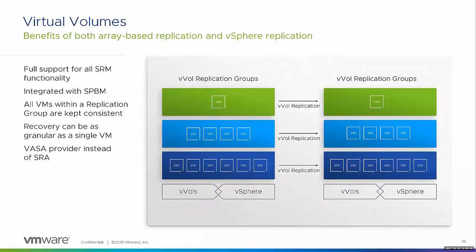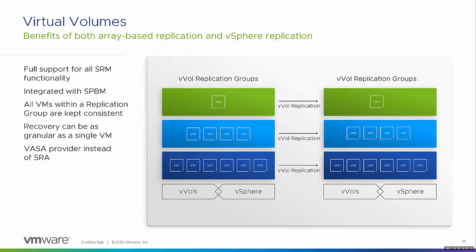So the first one that I want to talk about, this is the newest replication option for Site Recovery Manager, and it really is the most flexible, and that is virtual volumes replication. The idea there is, within virtual volumes, we have a concept of a replication group.